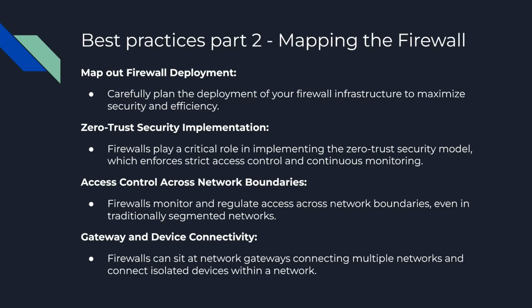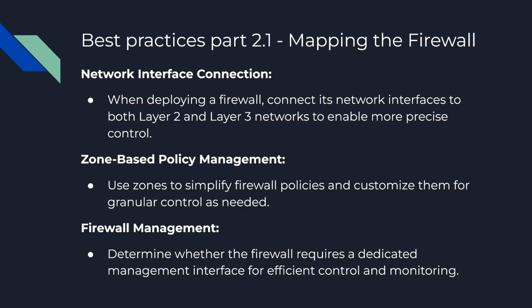So, gateway and device connectivity. Firewalls can sit at a network gateway, connecting multiple networks and connecting isolated devices within a network. Network interface connection. When deploying a firewall, connect its network interface to both layers 2 and 3 of networks to establish more precise control.